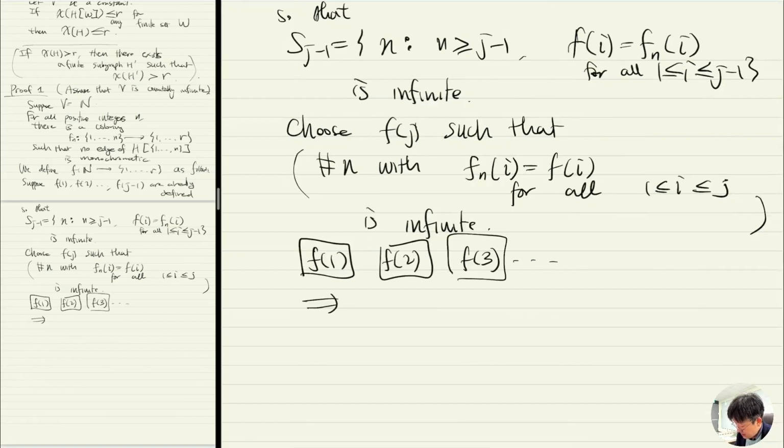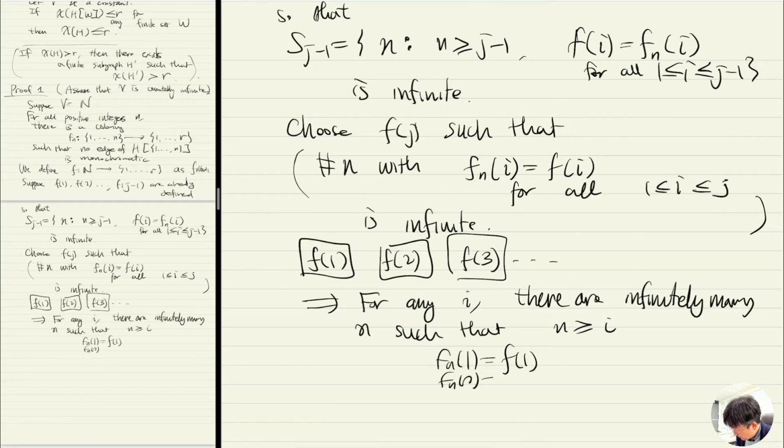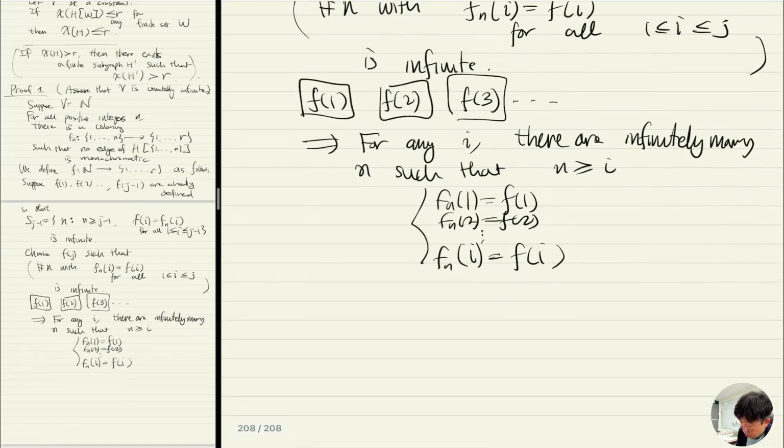So the property is that for any i, there are infinitely many n such that n is bigger than i, and f_n(1) is f_1, f_n(2) is f_2, up to f_n(i) is f_i.